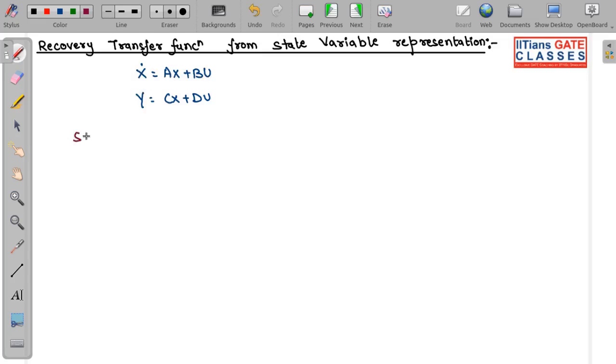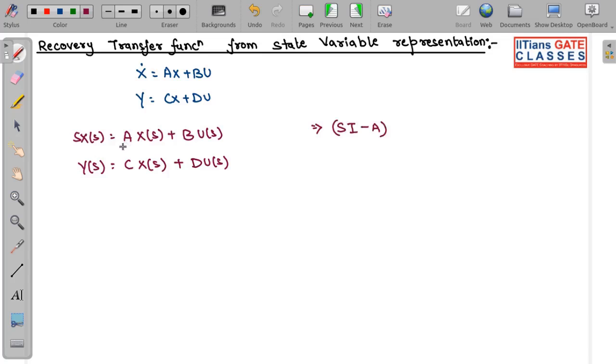This gives sX(s) is equal to AX(s) plus BU(s), and Y(s) is equal to CX(s) plus DU(s). Taking X(s) common to this side, this will be sI minus A, because A is an n cross n matrix, and sX(s) has no matrix, this is a vector, so I cannot subtract a matrix from a vector. I need to basically do what?